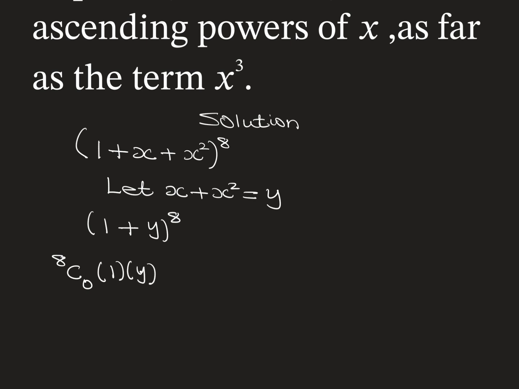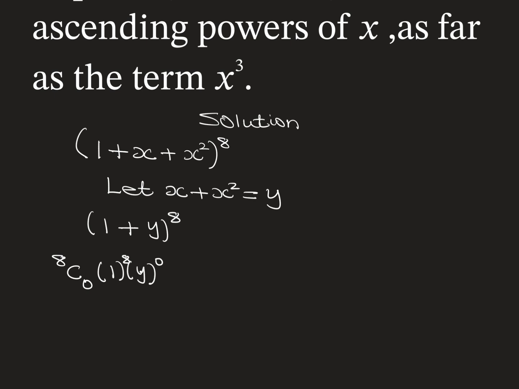Since x has to be in ascending powers, we'll start from a lower power. So let's say 0 for y, and therefore 1 has to be power 8, such that at any point, if you add the powers of the binomials, you will have the power that is given in the question.